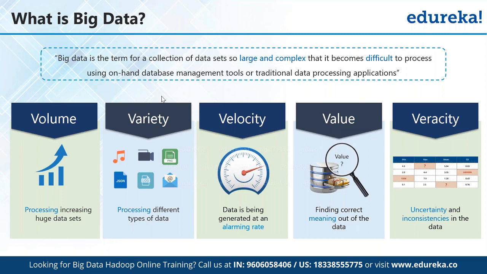In the banking sector, you have hundreds of thousands of transactions per second coming in during peak hour, and you have to process that data. So if the rate at which data is generated is quite high, it becomes a constituent of big data.